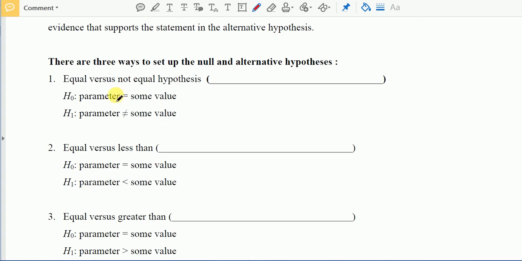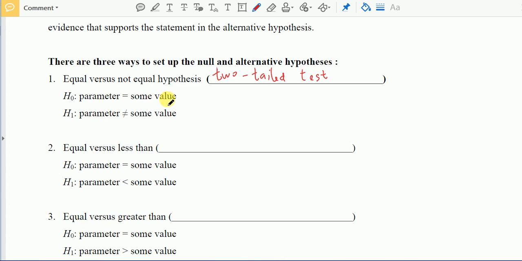Now there are three ways to set up the null and the alternative hypothesis. The first one is the two-tail test. That means in the null hypothesis we have some parameter that's already equal to some value, and now we make some claim.